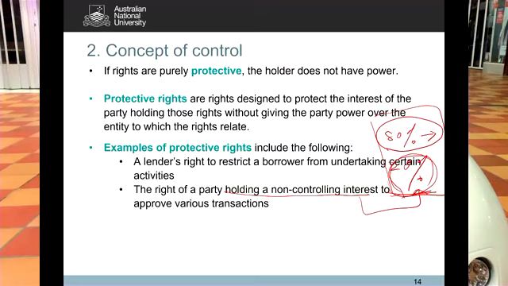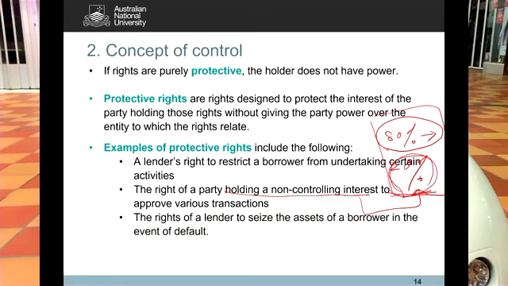Another case would be the lenders. The company has the shareholder, and has the debt holder. Normally the debt holder will have the right to claim when the firm goes bankrupt or gets liquidated. In that case, the lenders will seize the assets of the borrower only in the event of default.